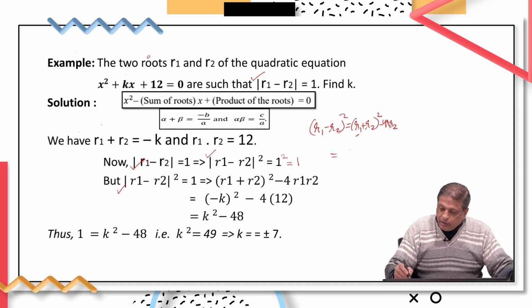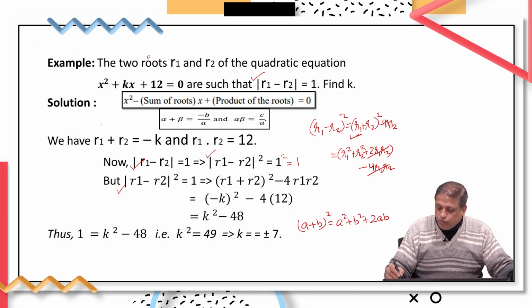Because r1 plus r2 square, using the identity a plus b square equal to a square plus b square plus 2ab, gives r1 square plus r2 square plus 2 r1 r2 minus 4 r1 r2. The 2 r1 r2 is adjusted with minus 4 r1 r2, and you have r1 square plus r2 square minus 2 r1 r2, which is nothing but the formula for a minus b square, that is a square plus b square minus 2ab.